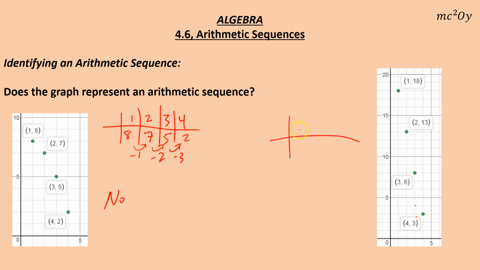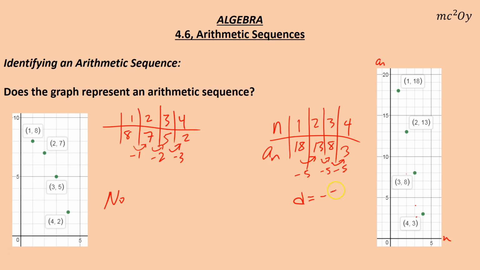And if I were to put it in a table, 1, 2, 3, and 4 for my N value, and here's N, here's A sub N, is 18, 13, 8, and 3. Well, yeah, it looks like I'm going down 5, going down 5. Notice that 5 is my slope. And notice whatever we go up or down by is also called our common difference.